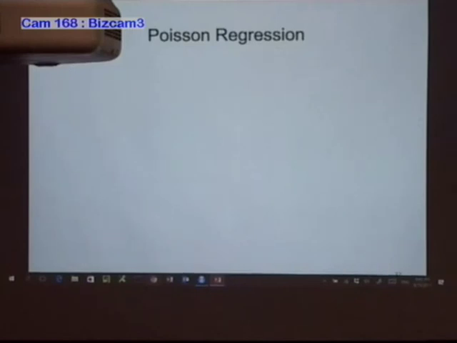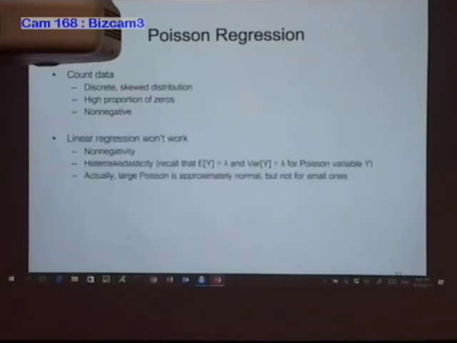So let me show you an example. This is a Poisson regression. We use that for count data. Count data is discrete and somewhat skewed. That's not important. Non-negative. Linear regression will not work because of all these things. We just said we introduced the link, right?